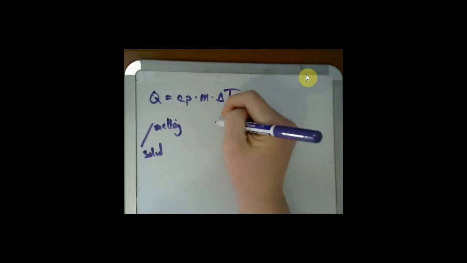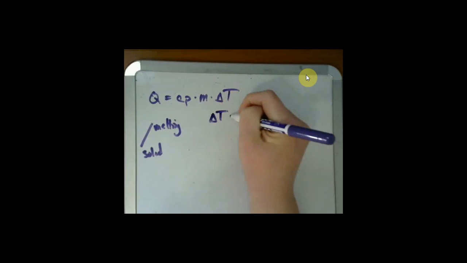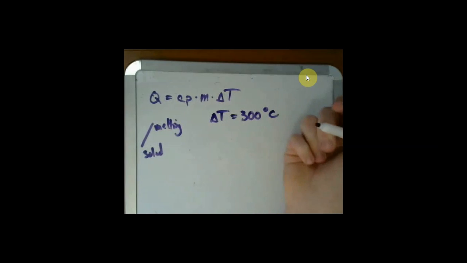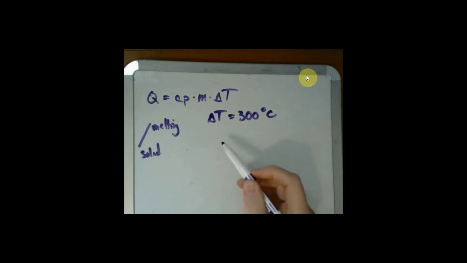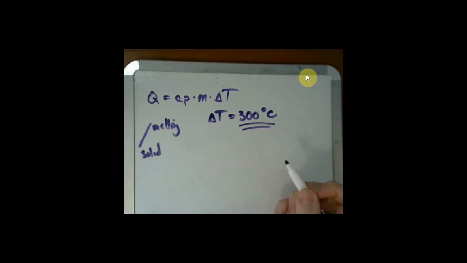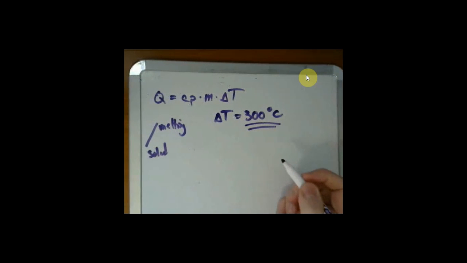Okay, and so our delta T here is going to equal 300 degrees C. So we're given that the melting point is 327.3. We're starting at our initial temperature at 27.3, and so we have a difference of 300 degrees C. Next, we need to look on our tables to find out our specific heat of lead.